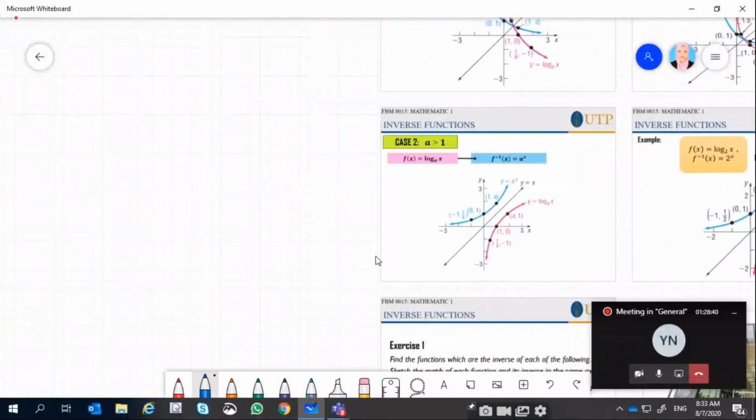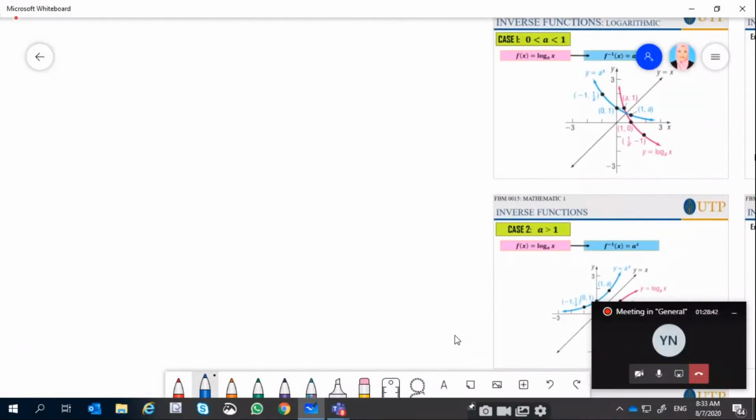The next subtopic is 2.6, which is about solving exponential and logarithmic equations. Solve for x. Yes, you have to solve for x in exponential and log equations.